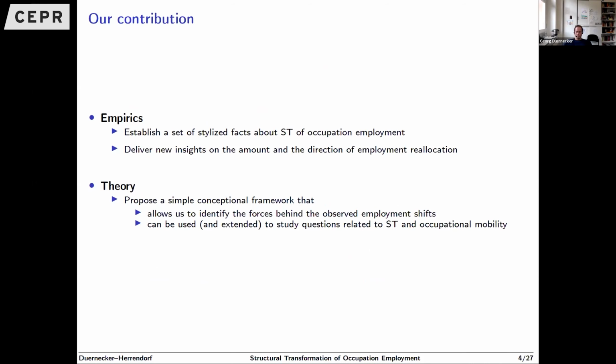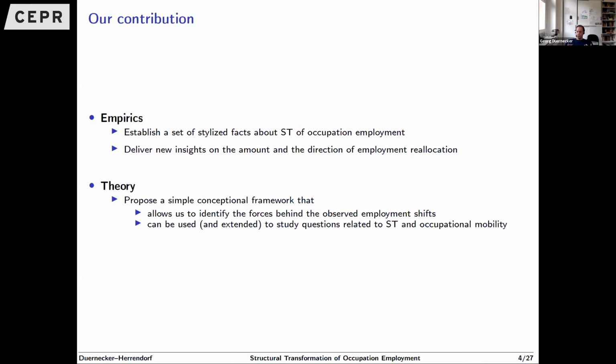Our contribution in the paper has two parts. First, there's an empirical part in which we establish a set of facts describing the structural transformation of occupation employment within sectors, but also across sectors. These facts are the main motivational evidence for this paper, but they may generally be useful for people working on labor-related questions of structural transformation. Second, we propose a simple model that allows us to explore the driving forces of the observed employment patterns.